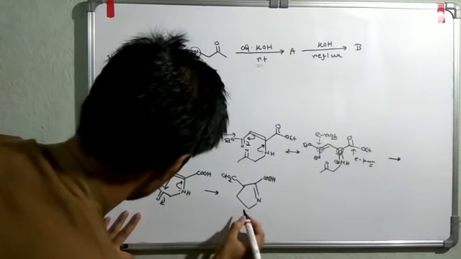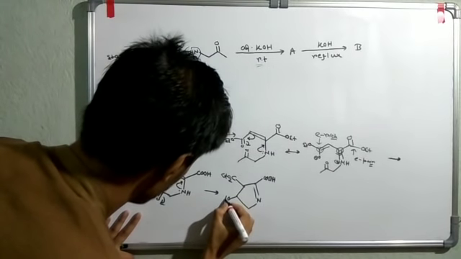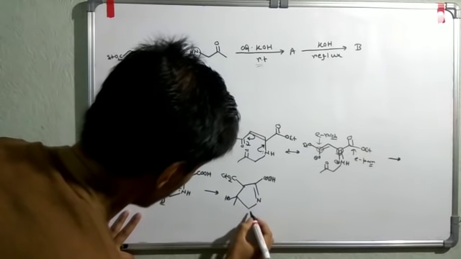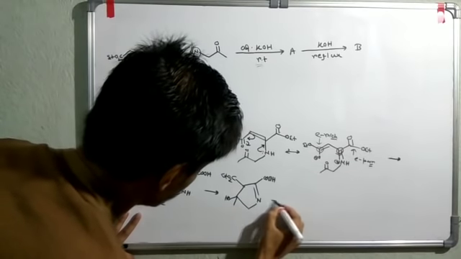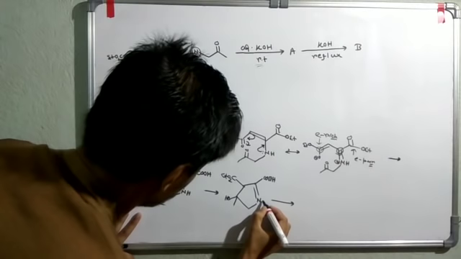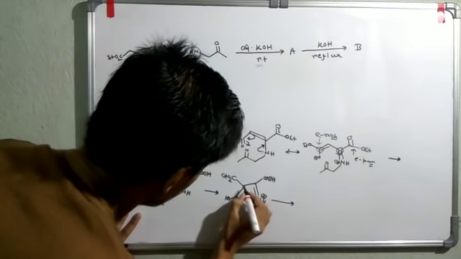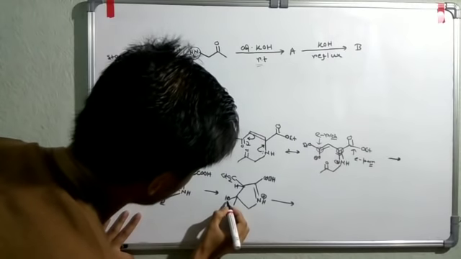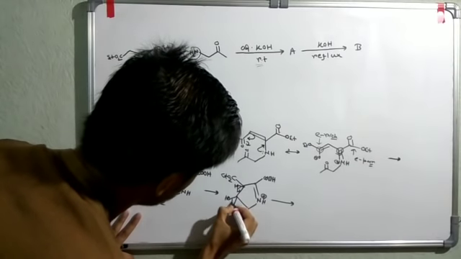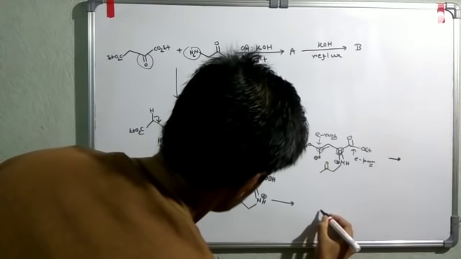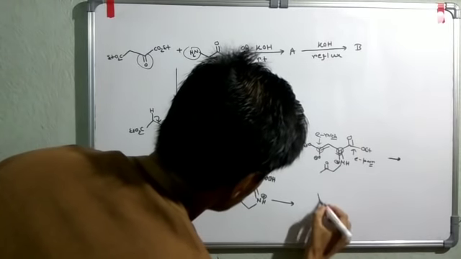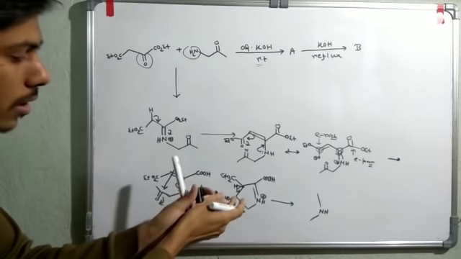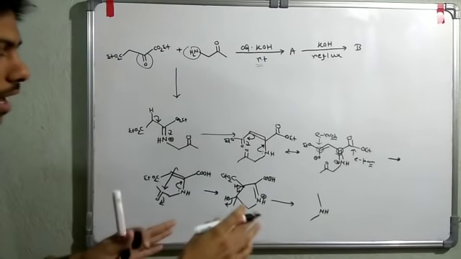Okay, so here you have this OH and this methyl group, and now you have this positive charge over here. Here you have another hydrogen. So basically protonation can occur here, and this OH can go. I am just writing this mechanism very casually.